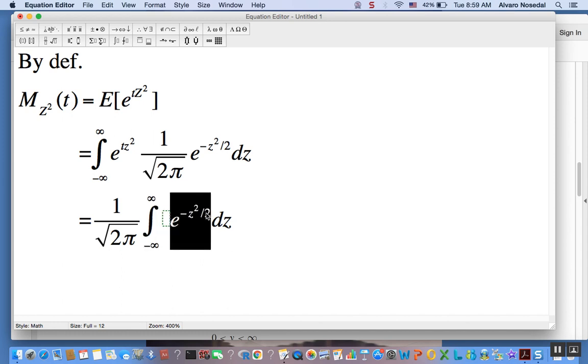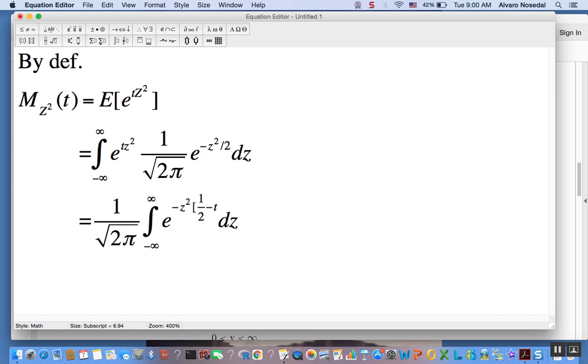Okay. So, I said I would like to combine these two guys, right? So this, right, is these two guys. It's the same as e to the negative z squared times 1 over 2, right? 1 over 2 minus, oops, I want that up here, right?